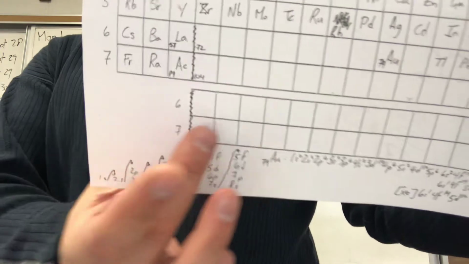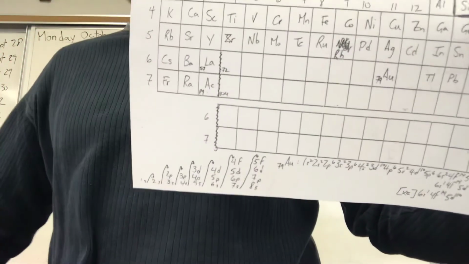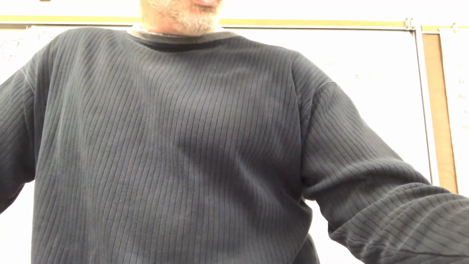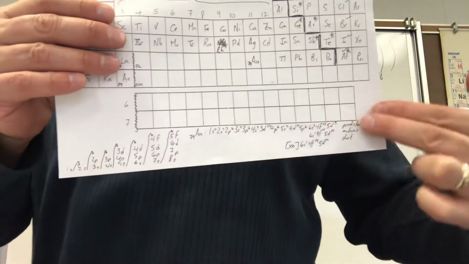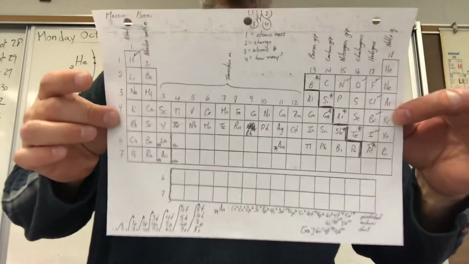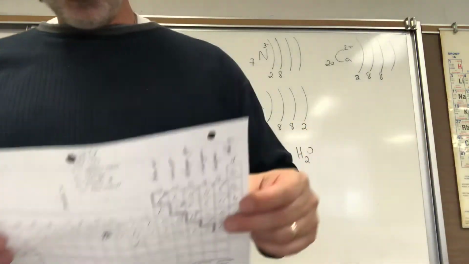And why do they write that squiggly line here and here? It's because this part of the periodic table was all cut out from this spot, and that's why the numbers jump as much as they do. They jump from 57 to 72 and from 89 to 104. All the missing numbers are in these 2 strips, which they just cut out to make the table fit on a regular sheet of paper.